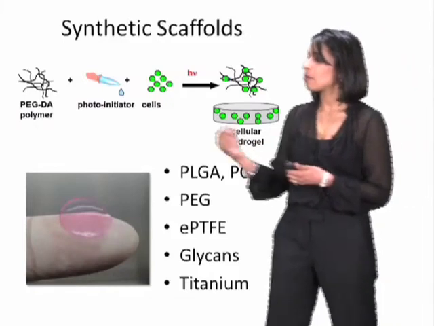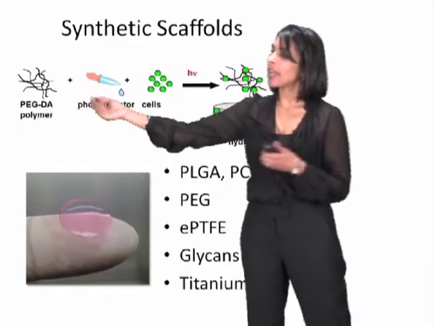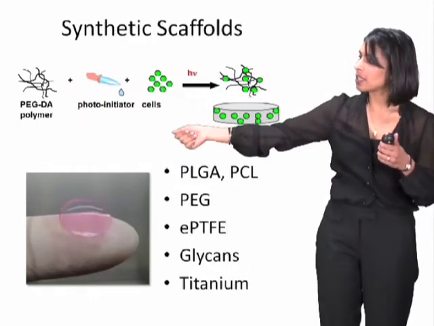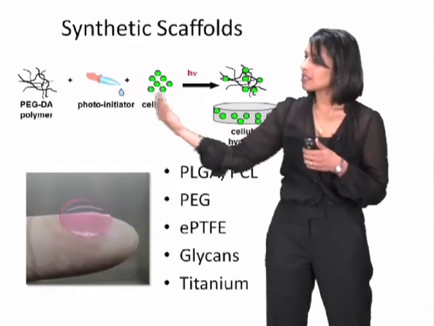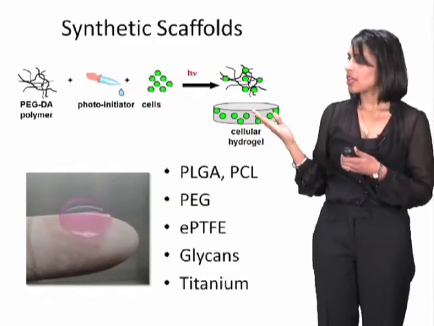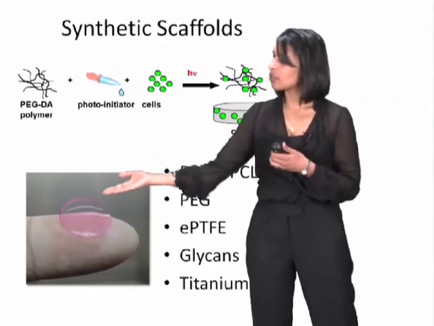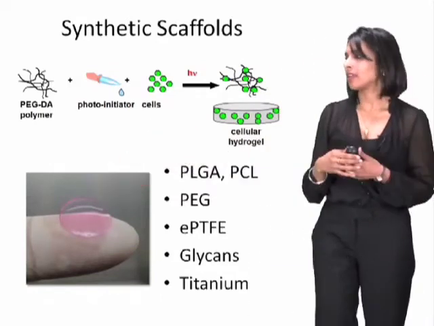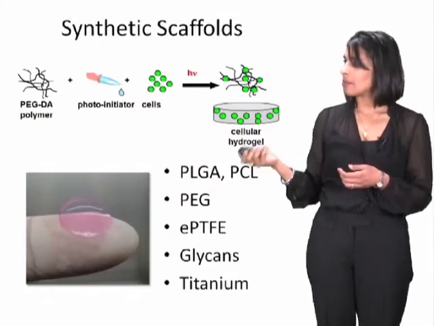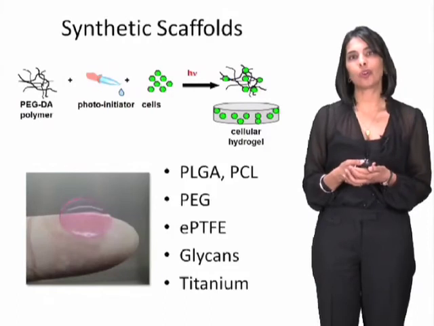So the way the experiment works is you take polyethylene glycol macromers, so long chains of polyethylene glycol, you mix in cells and a chemical that's sensitive to light, and when you shine light, you get a network of polymer that looks like this contact lens structure with cells embedded within it. So these are examples of synthetic scaffolds, and one can tune these to have different material properties.